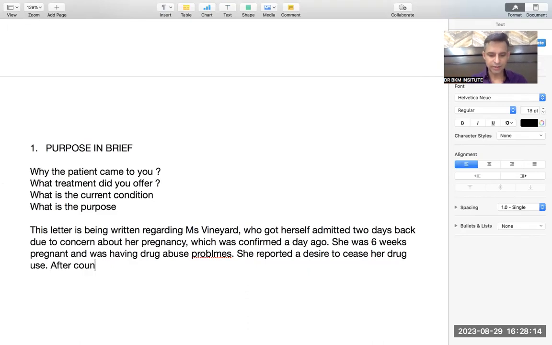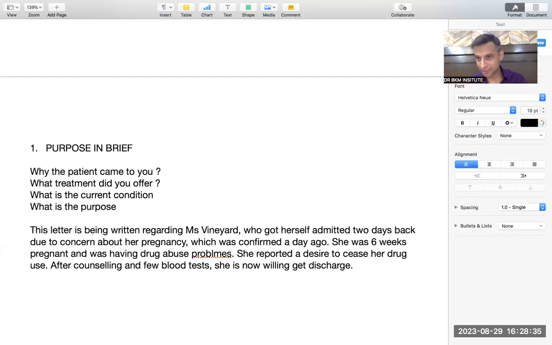After counseling and blood tests, she is now willing to get discharged. So that is the main point, that she is now willing to get the discharge. So that is the main story.